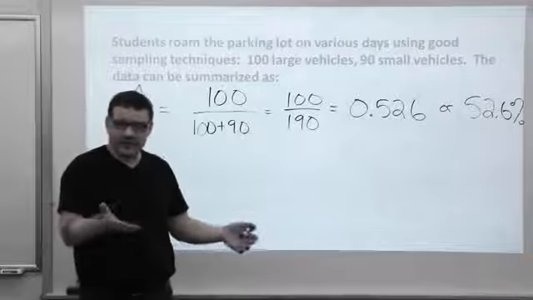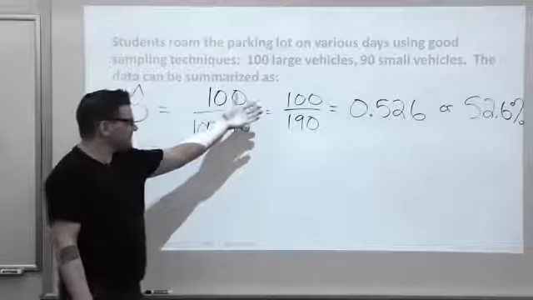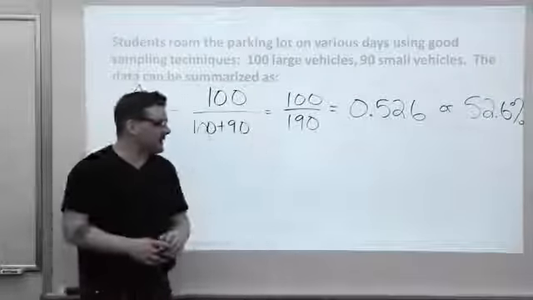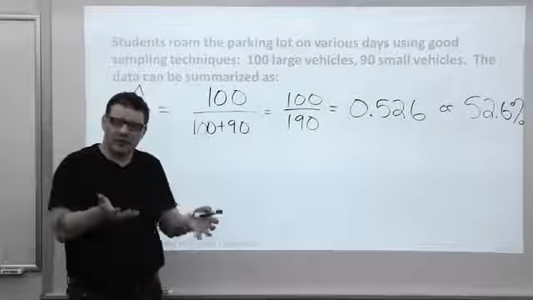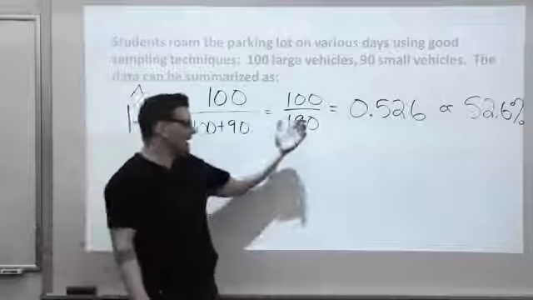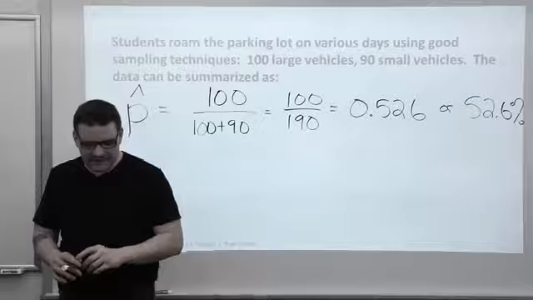People are leaving, coming in, some people aren't on campus that day, might own a couple of cars. Here's the data. I have to use the data and either convince myself, does this convince me it's more than 44%, or am I not overwhelmed? Okay, so we're going to use this data to run the hypothesis test.